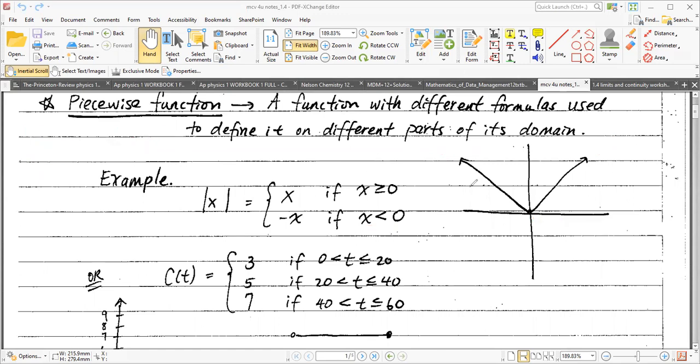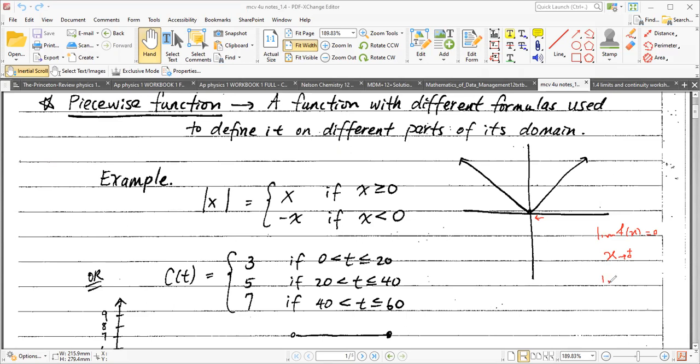As you see, this is continuous. The limit from left and right exists. If I want to say the limit of my function, limit of f of x as x goes to 0 from the right side, of course it is equal to 0.